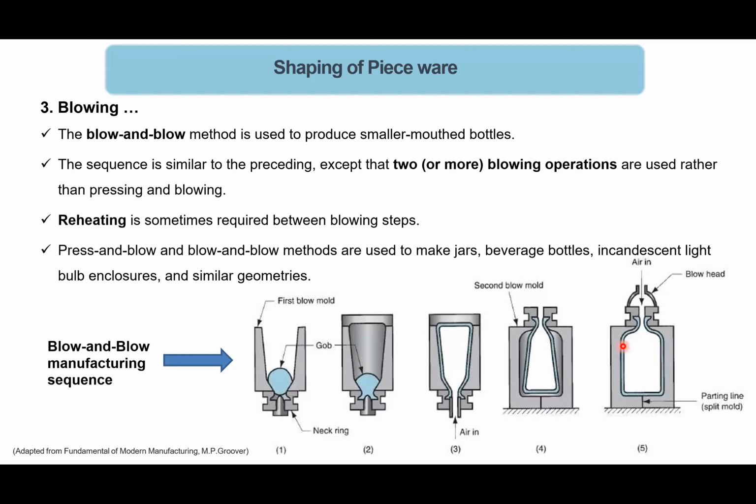The question could be: why don't you do all this in the final structure? We can't do it in the final structure because for large structures, large bottles like this, if we put the gob of glass in here and blow it at this stage, what will happen is that the glass is amorphous.